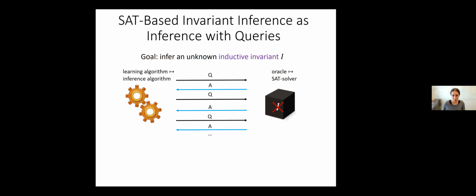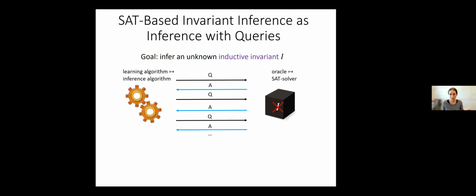But then, of course, there is also a very important difference. Unlike the setting of learning, where we assume that the oracle actually knows the concept that we are trying to learn, when we are thinking about the SAT solver, we don't want to assume that the SAT solver knows the inductive invariant. So this is a very important difference.